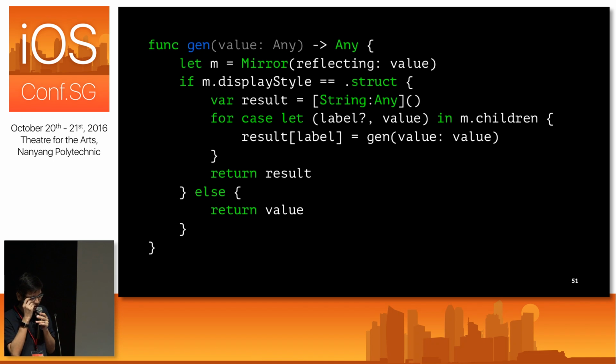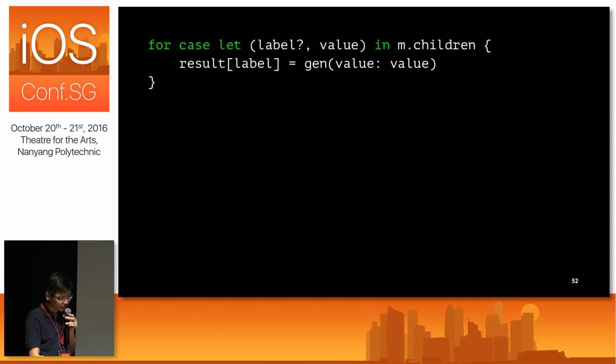Remember earlier we have this function called gen. Just want to point out something that I'm a bit obsessed with in Swift. There's this clause for case let. This one. It makes use of pattern matching to only process labels that are non-optional.